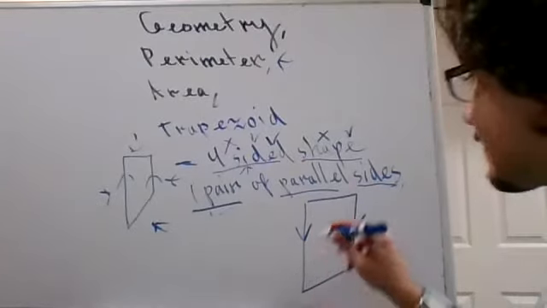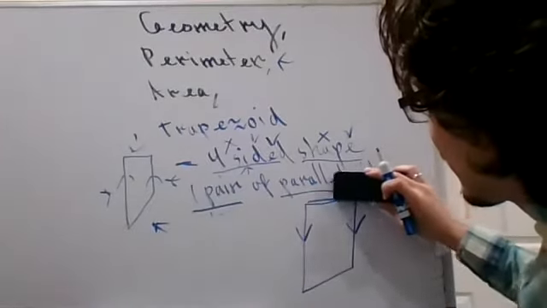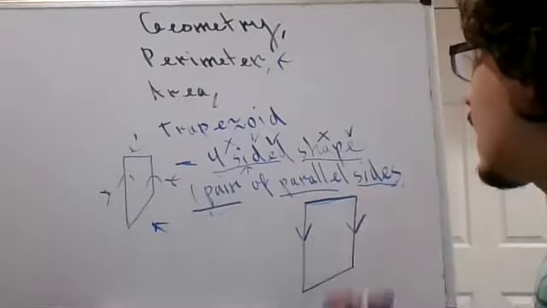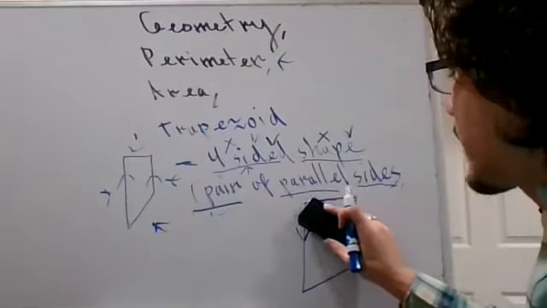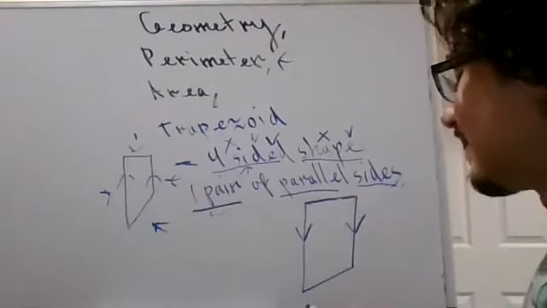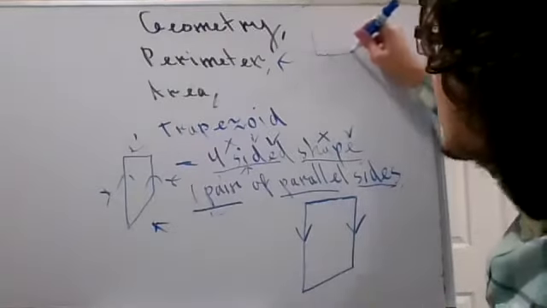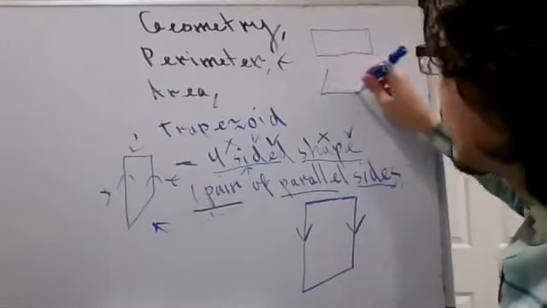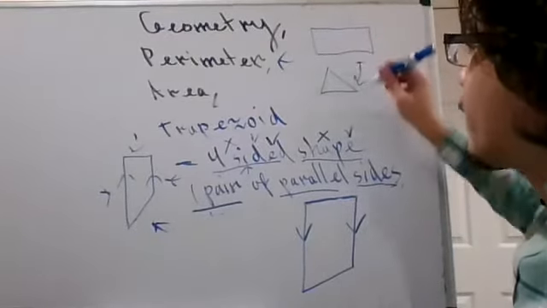Now what we can see, starting off, is we should think about what shapes we can break this down into using triangles. So we have rectangles and we have triangles, and these comprise all flat-sided shapes.